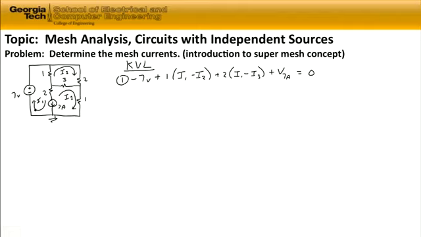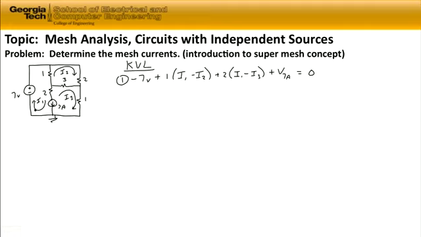Unfortunately, we can't come up with 4 equations. We have 3 independent equations for loops 1, 2, and 3. So if we try to solve this problem like this, we're going to have more unknowns than we do equations: 3 equations from our 3 loops, and 4 unknowns from the way we've worked the problem. That's not going to work.